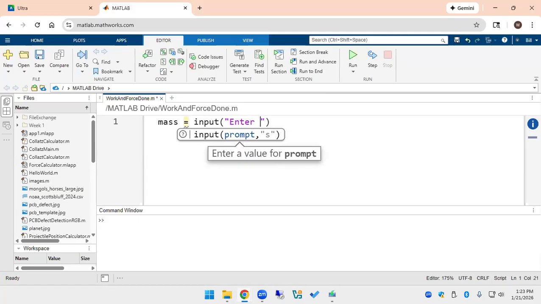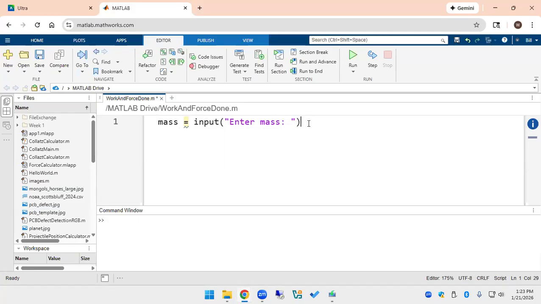So you just say something simple like enter mass. Notice that this and this are the same as the words that we were using. In programming, we're not doing general things. We're doing specific applications. The general formulas are what Arandi did. These general formulas can be applied to any number of problems. What we're doing in programming is a specific solution.